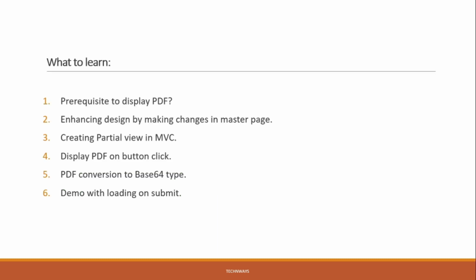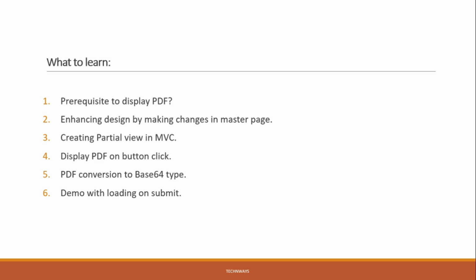So what we are going to learn in this video: firstly, the things we require to display the PDF. We are also going to make changes in our default master page, some enhancement to make a good appearance of the application.